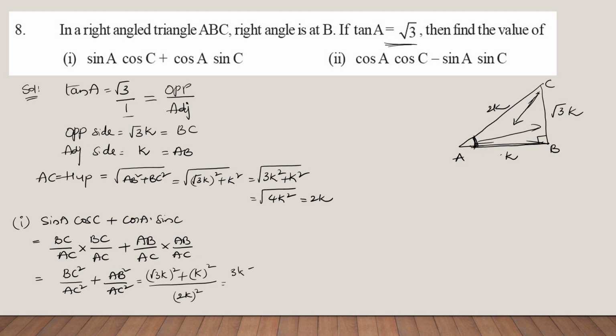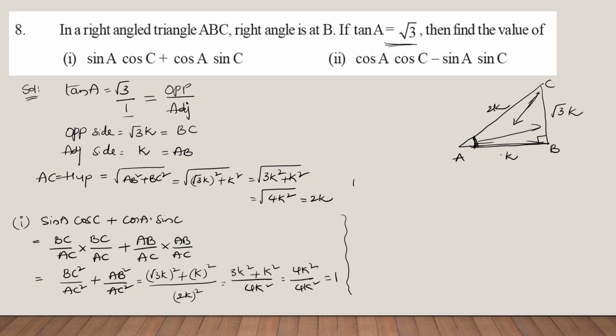This gives me 3K square plus K square by 4K square. So the numerator is 4K square and the denominator is also 4K square, and 4K square by 4K square is 1. So the value of sin A into cos C plus cos A into sin C is nothing but 1.